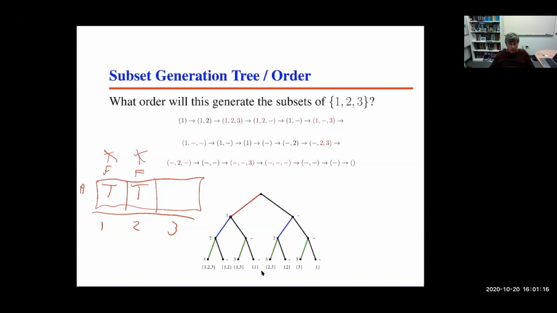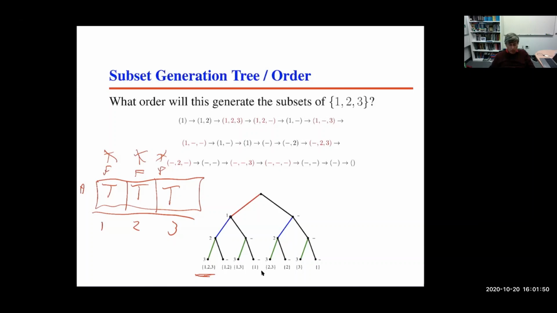What choices do I have for the third spot? True or false? Now, do I have a full solution here? I do, right? Because I've now filled in all spots in my array, and I have constructed the subset 1, 2, and 3. Does everybody kind of see that?